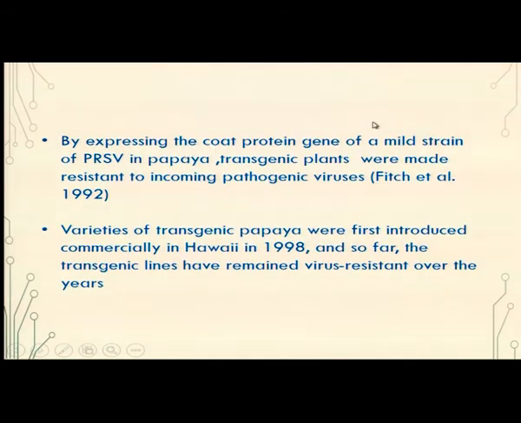By expressing the coat protein gene of a mild strain of the virus in papaya, transgenic plants were created which were resistant to the incoming pathogenic viruses. These transgenic papaya varieties were first introduced commercially in Hawaii in 1998, and so far all the transgenic lines have remained in good condition and still express the viral resistance character.